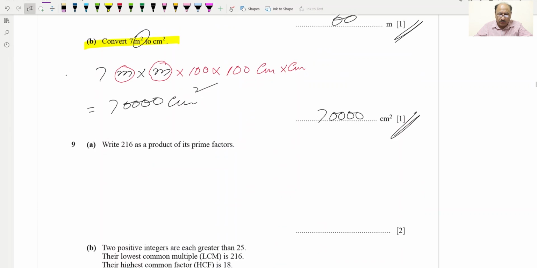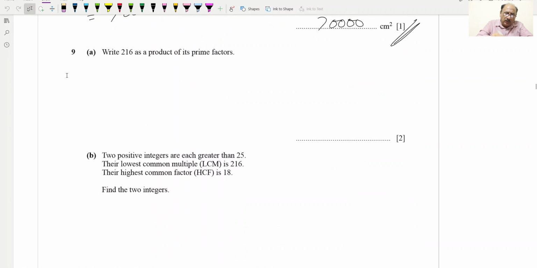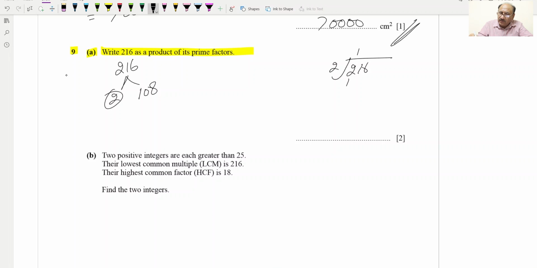Hopefully you understood this. Now this is question number 9a part. It says write 216 as the product of its prime factors. So we do prime factorization with 2: 2 1s are 2, and 0, and 2 8s are 16. Even if you want, you can divide like this.